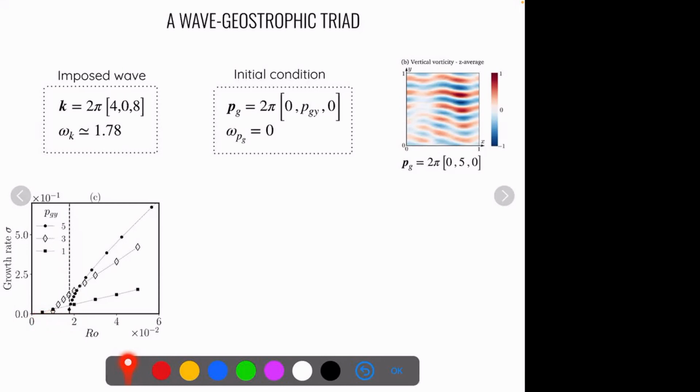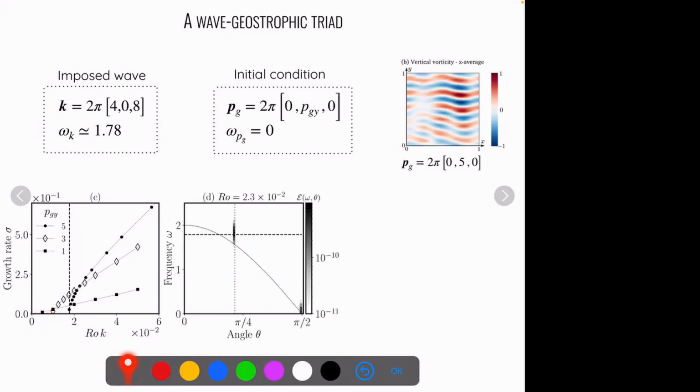But we still don't know what's really going on with this instability, and that's really told by the spatiotemporal diagram of energy, where you see here the geostrophic mode.